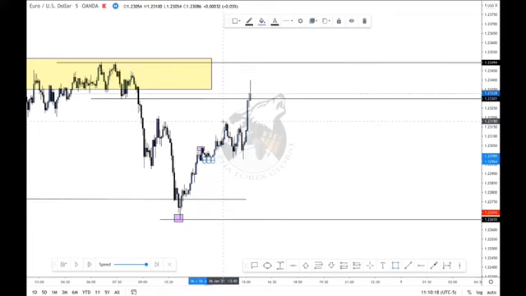Then the market created a high right here, right? Then the market created a higher low, right? And then the market pushed to the upside, creating highs, right? Now let's play it and see what's up.